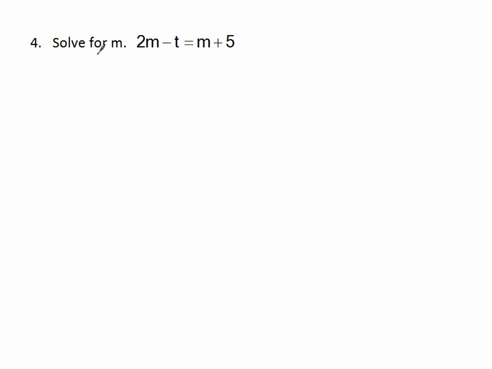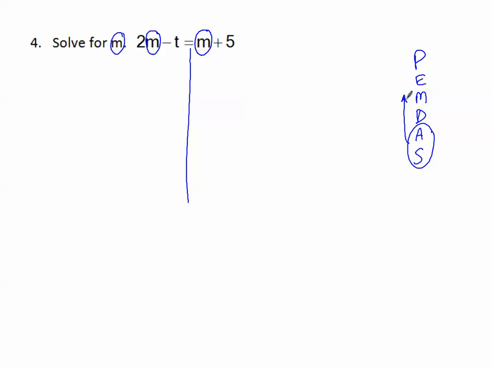Number 4, solve for m. M is what I'm looking for now. Notice in this one, I have m in 2 places. So my first thought is I want to get the m's together. Let's draw a line at the equal sign. Remember PEMDAS, starting with add and subtract and move our way up. Now, I always try to get what I'm solving for together first.